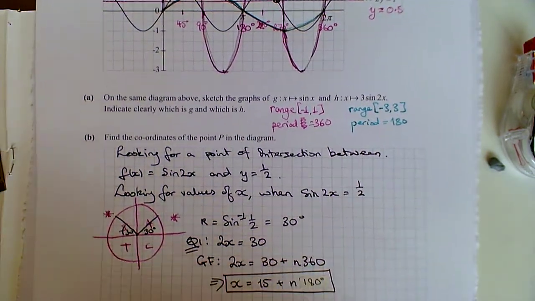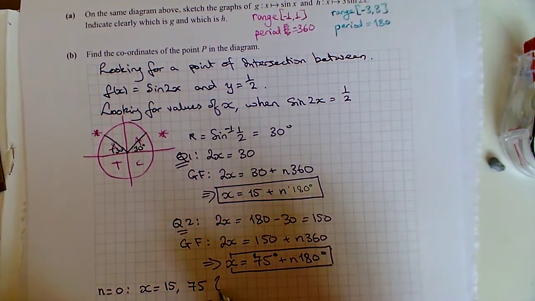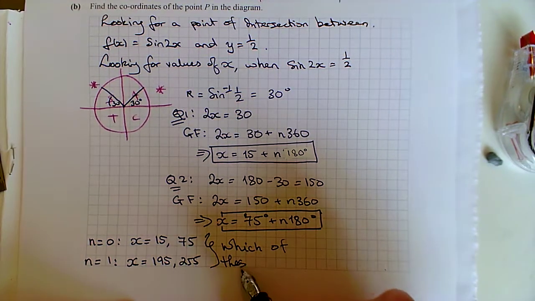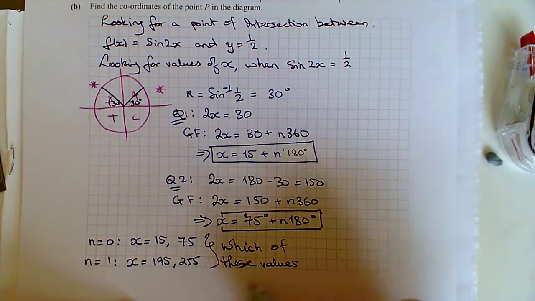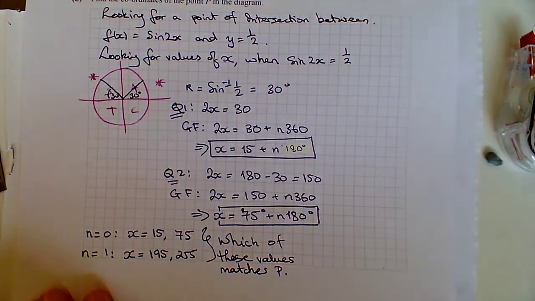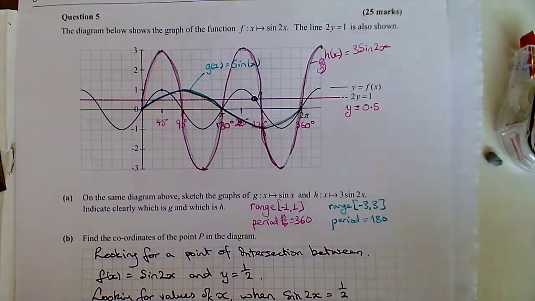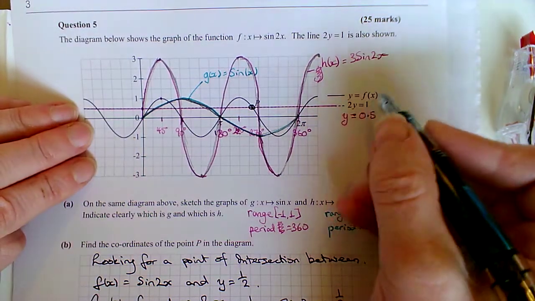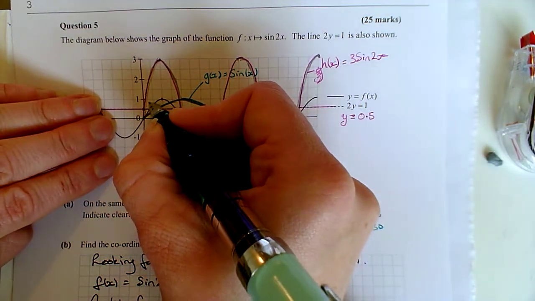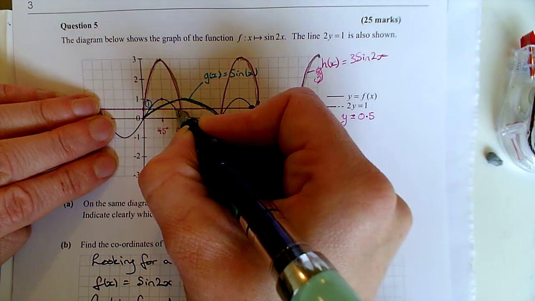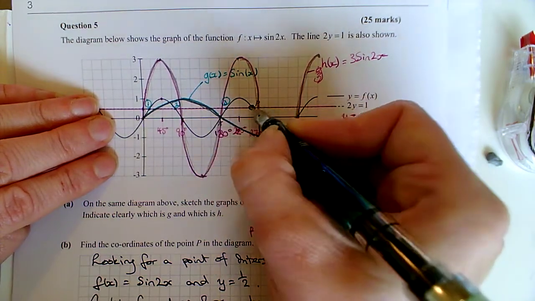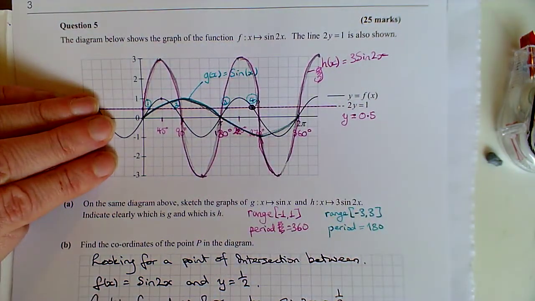So which of these values matches P? Matches the point that we were asked for. Let's look at our graph. So looking at our graph up here, we can see that my line, y equals a half or 2y equals 1, this line intersects at 1, 2, 3, 4 different points.